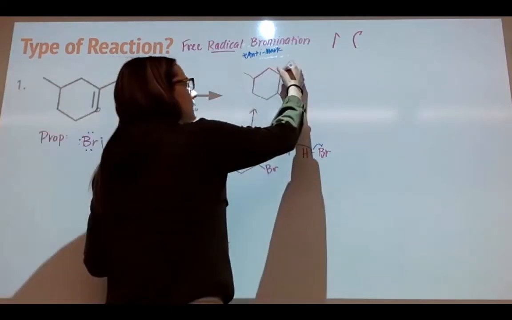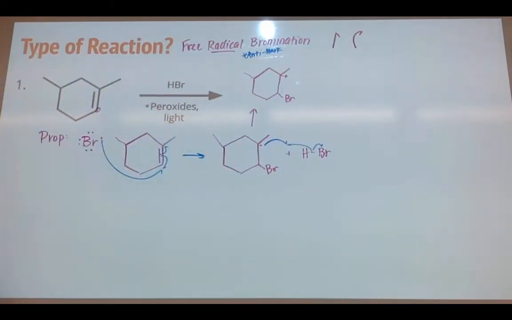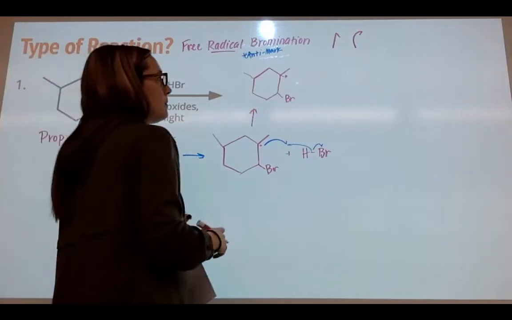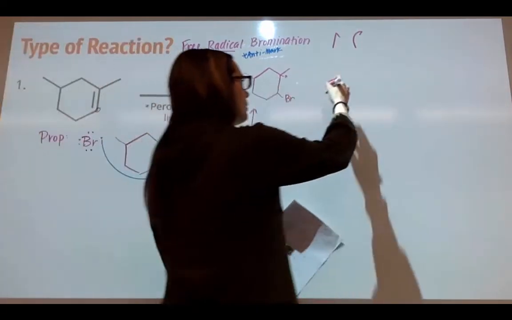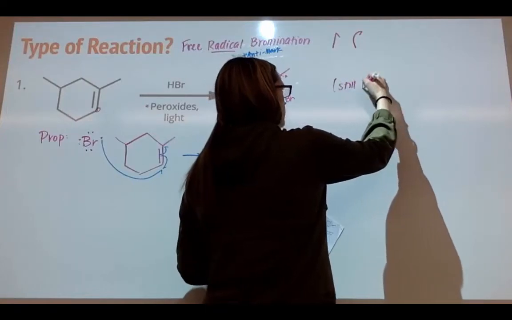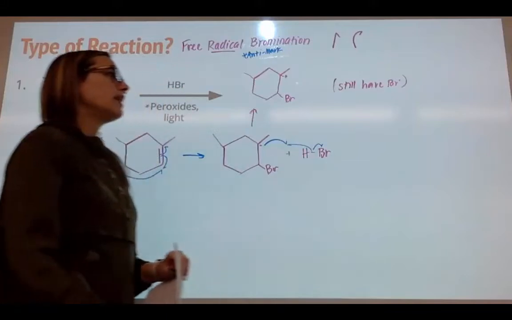A hydrogen was added here. You don't need to show that hydrogen, but just know that that is where the hydrogen was added. And then you technically still have that Br radical, but that's a side product.